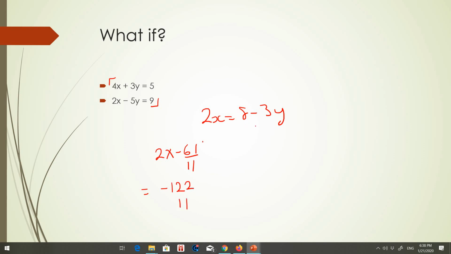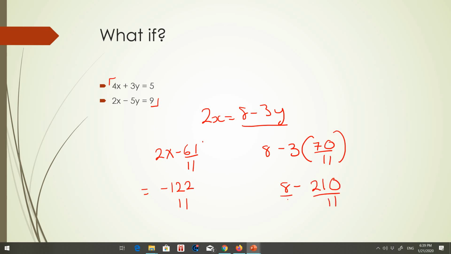So let's check the value of 8 minus 3y. So 8 minus the value of 3, and y is 70 over 11 if I remember. So we have 8 minus 3 times 70, that's 210 over 11.